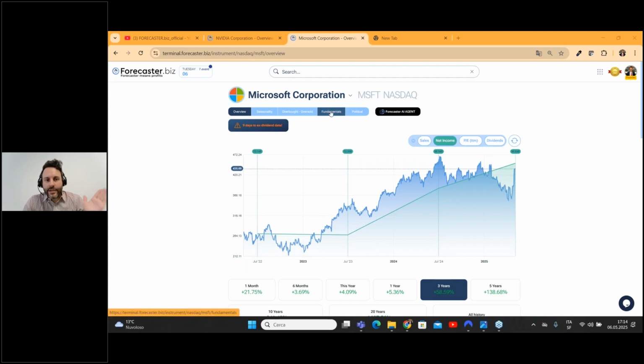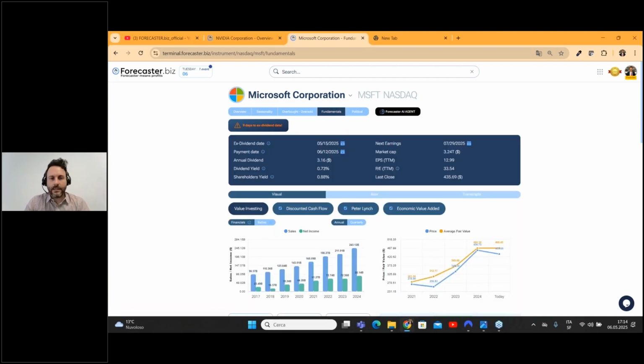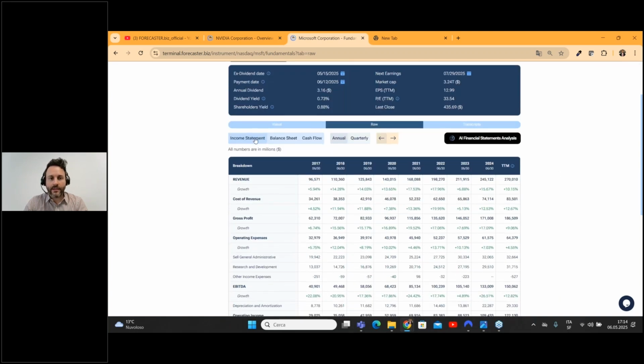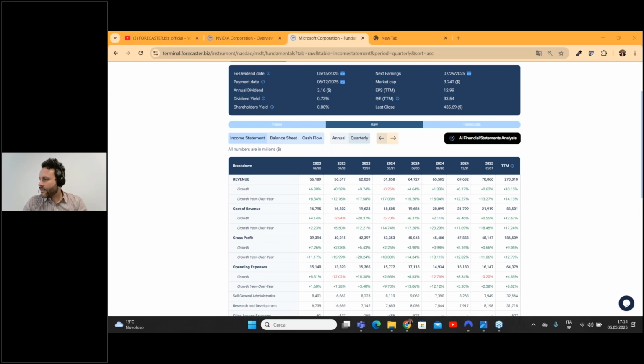Of course, we will deep dive very soon into the fundamental layer, and you can go to the raw part, where you can find both the income statement and the balance sheet. You can find here the TTM, which, as I told you, is the sum of the last 4 quarters, when we switch to the quarterly.